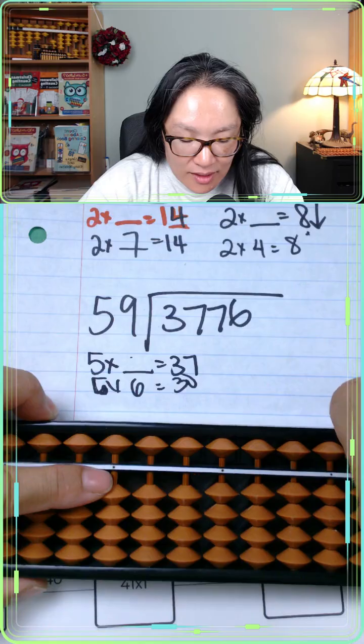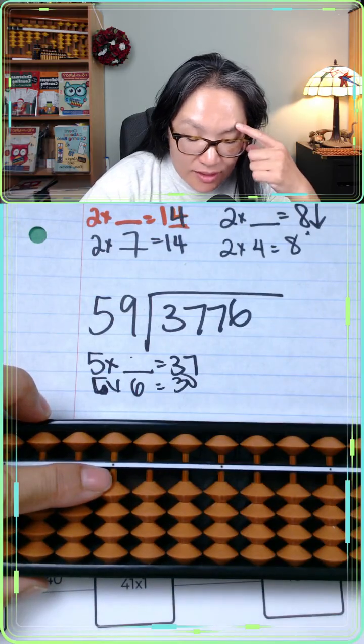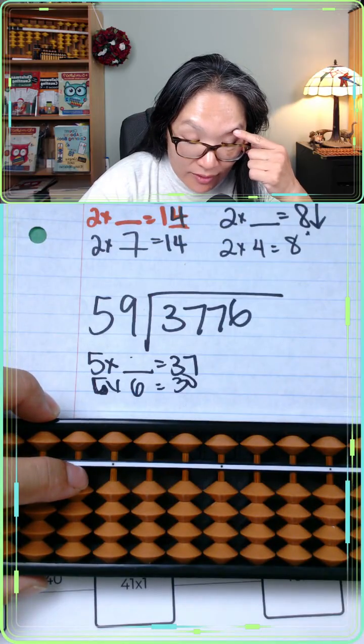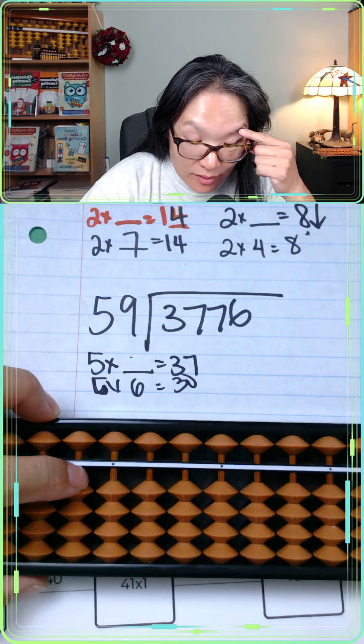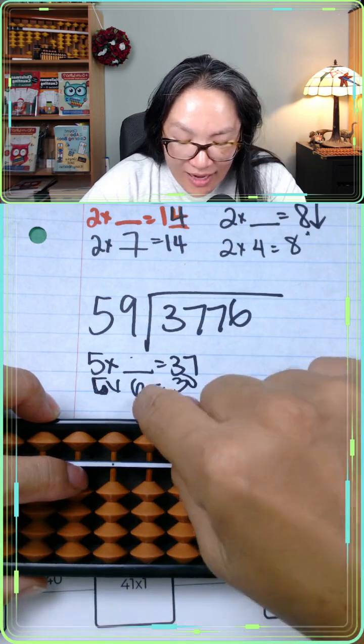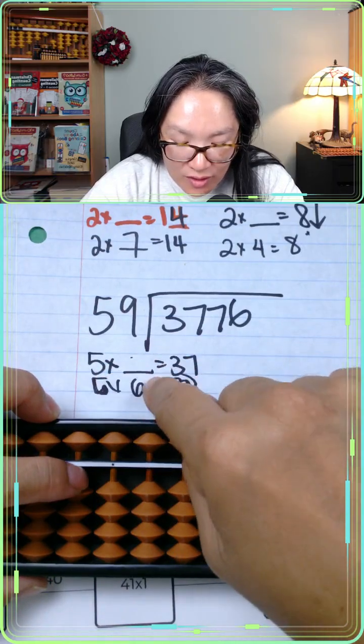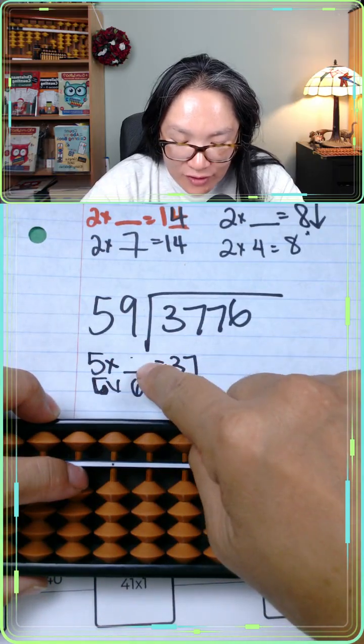Yeah, because what I'm trying to do is relate it to mainstream math, and mainstream math doesn't do that. You know what I mean? Okay. So, I know that doesn't make sense. Do you not go to 5 times 7 first?